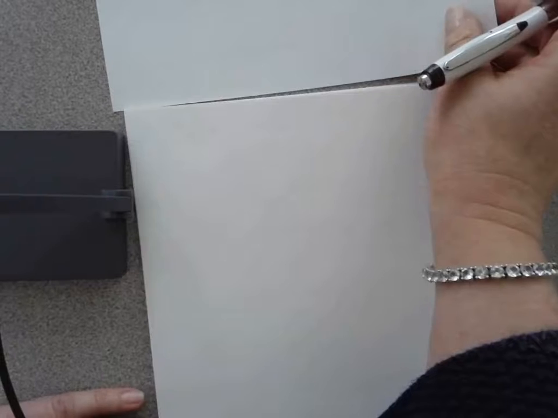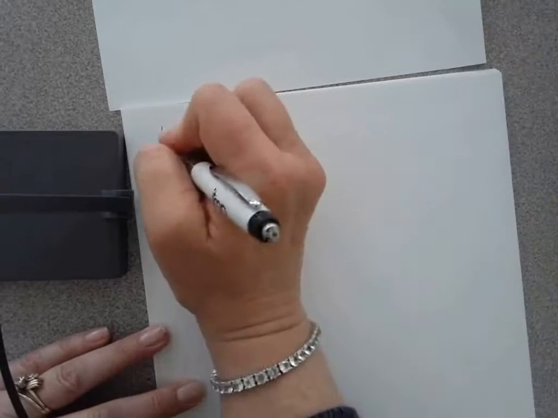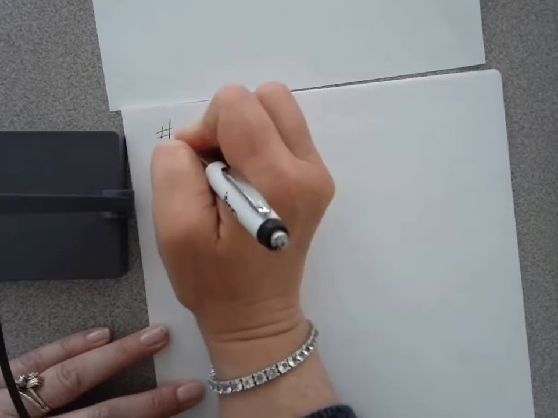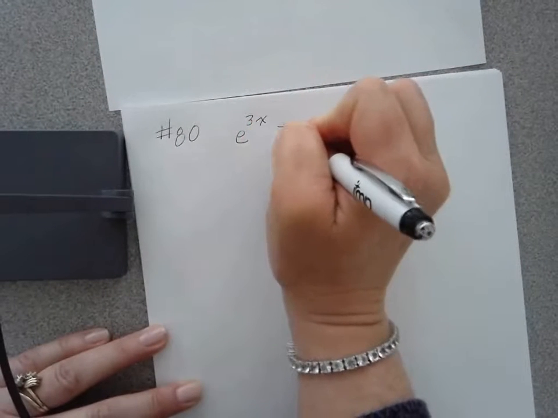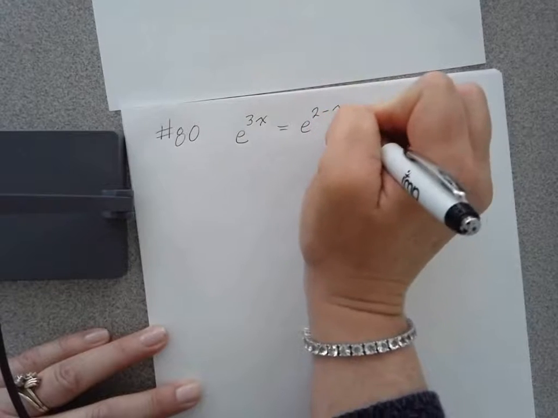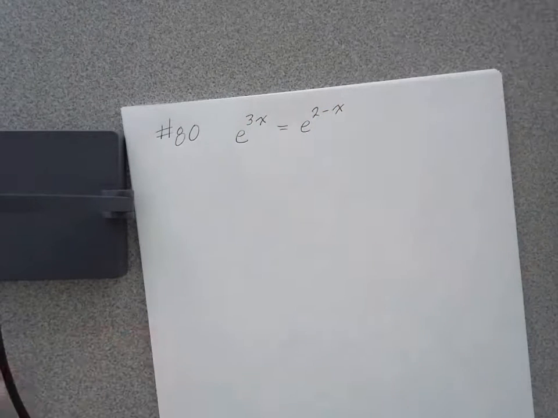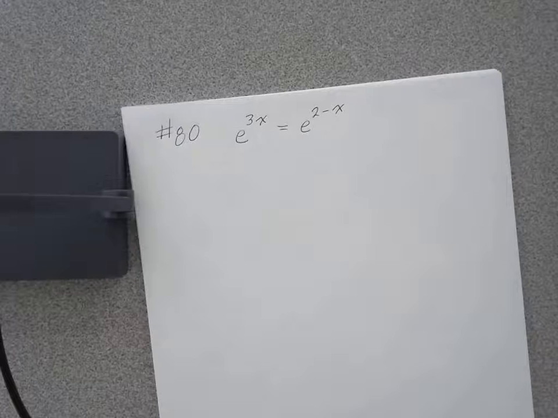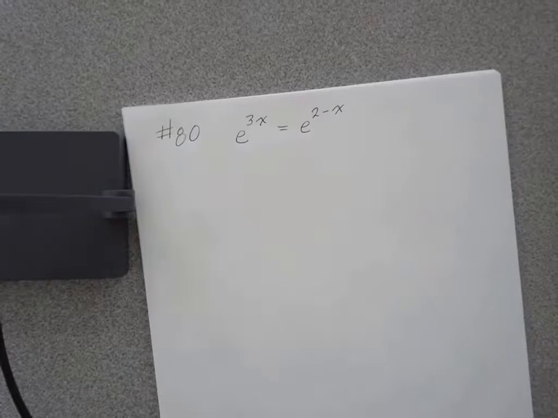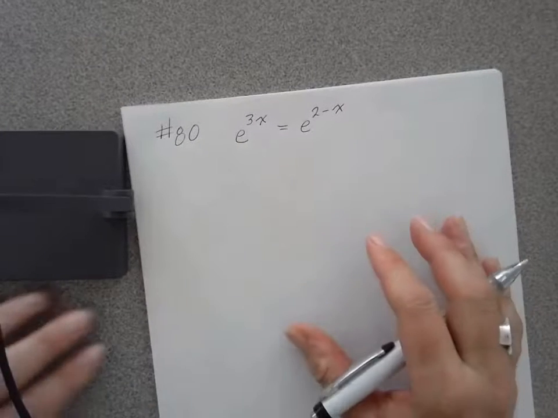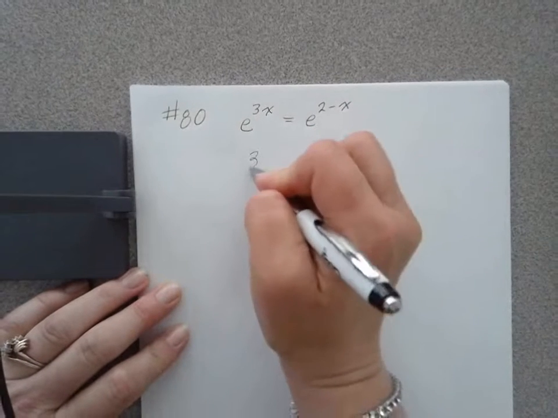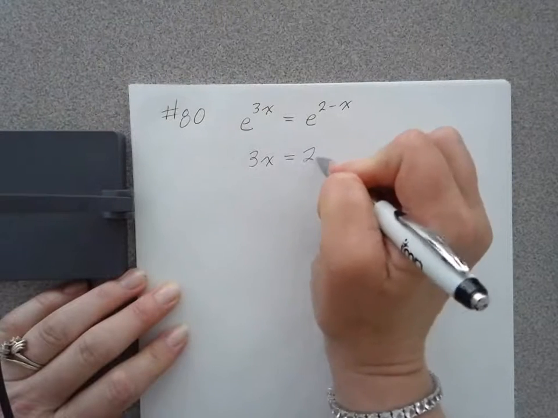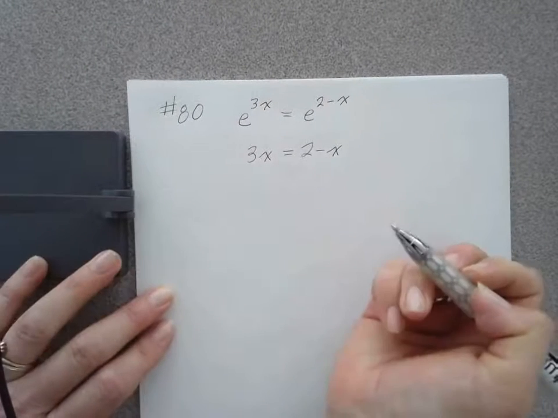All right, look at number 80. So we have e to the 3x power equals e to the 2 minus x power. Bases are the same. It doesn't matter what the bases are, as long as they're the same, then I can say that the exponents are equal to each other. So 3x equals 2 minus x, and then we're going to solve for x.